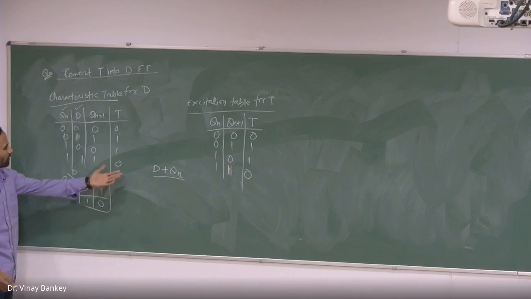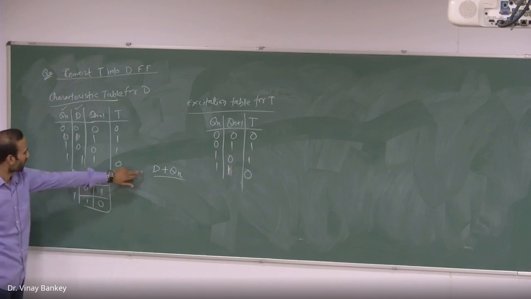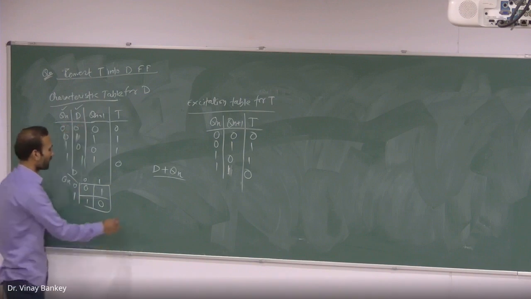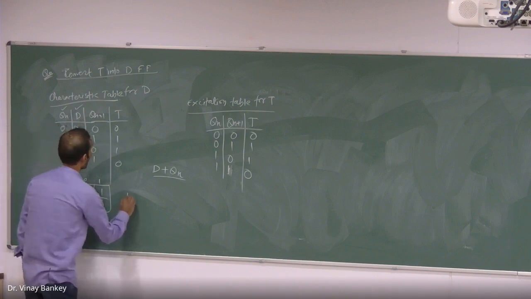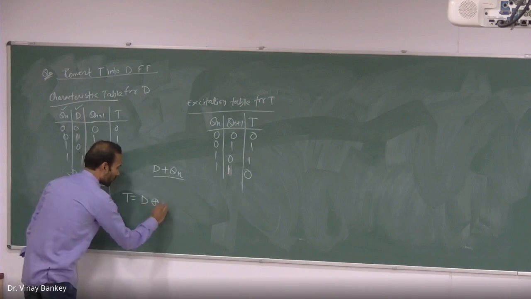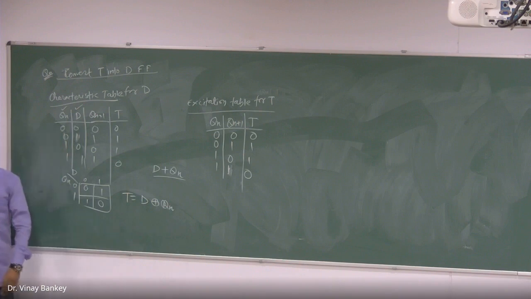I think this answer is not correct. It is an XOR operation between Qn and D. So T will be D XOR Qn. So whoever said the answer was not paying attention, that's why he's not giving the right answer.